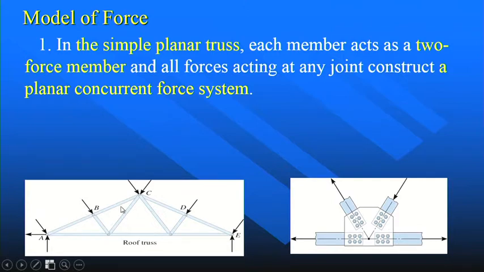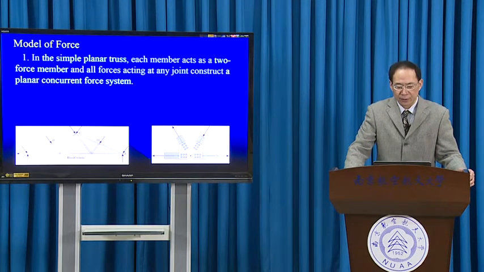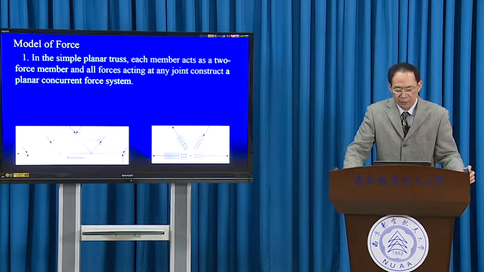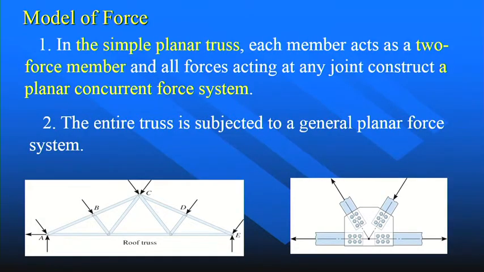So the force in the member actually acts along the axis of the member, concurrent at the joint. So the first concept is that at each joint we encounter a concurrent force system. The second concept is that for the entire truss, the forces are a coplanar force system.